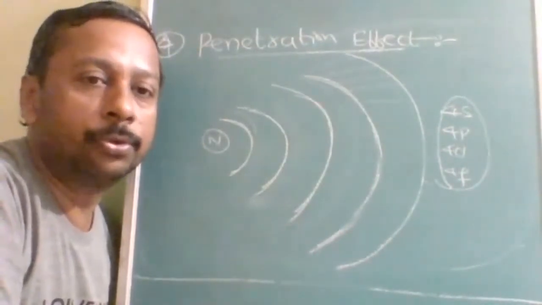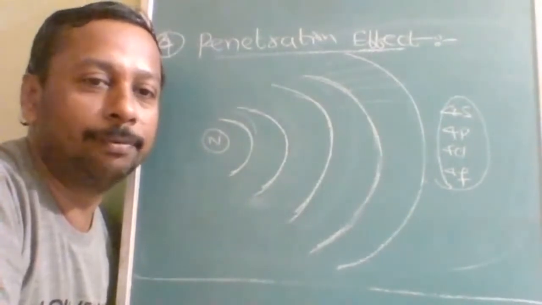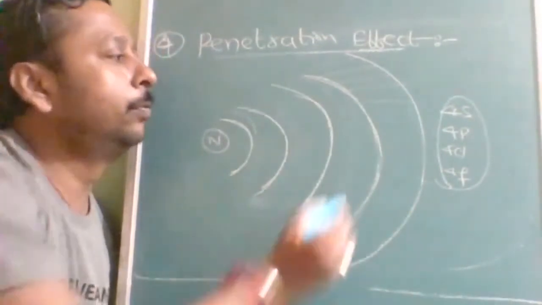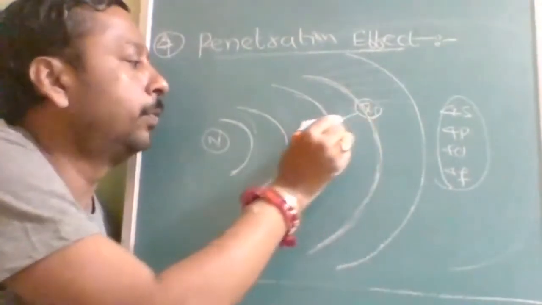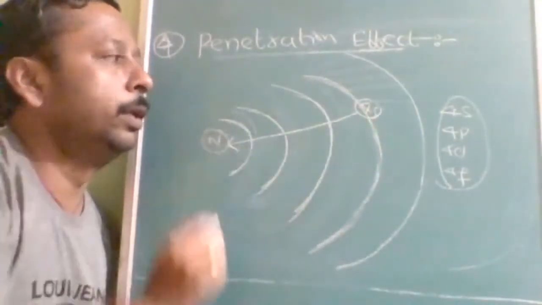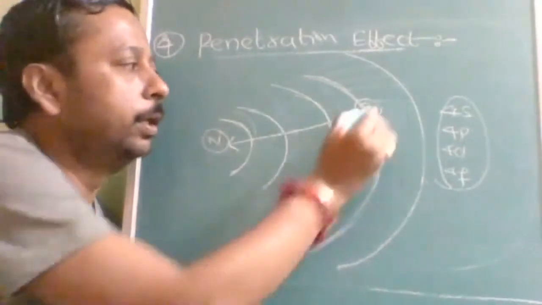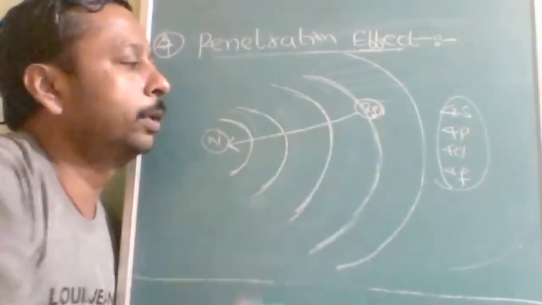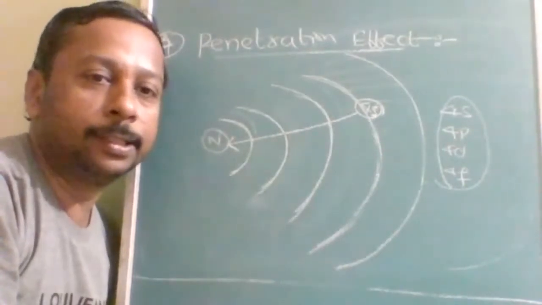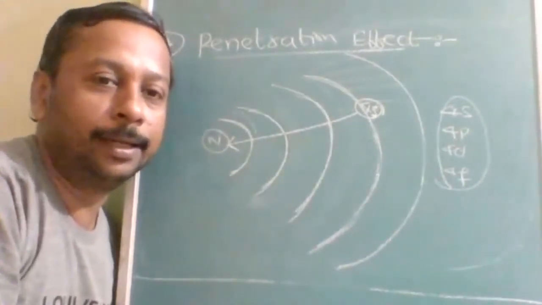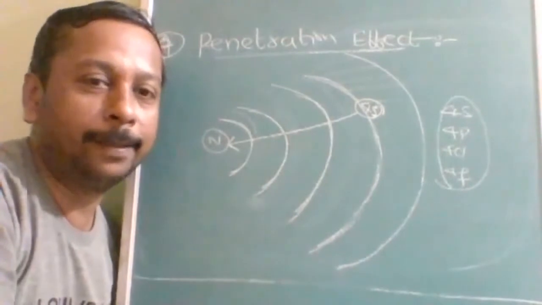In this, the most sincere student is 4s. Okay. So it always moves like this. It always wants to be near the nucleus. So therefore, this person is successful. 4s: s stands for sincere and sincere stands for success.